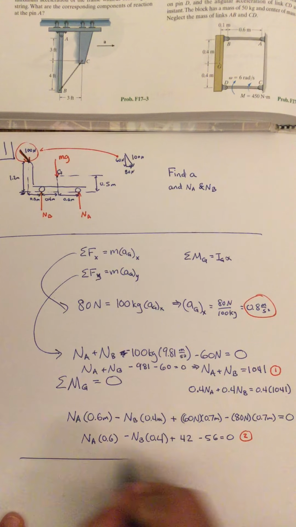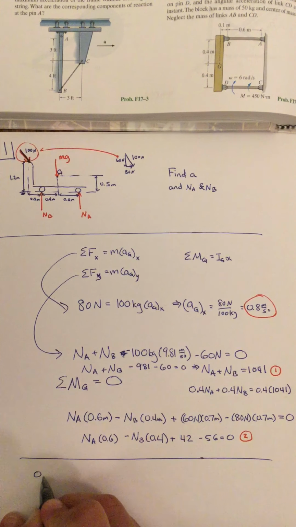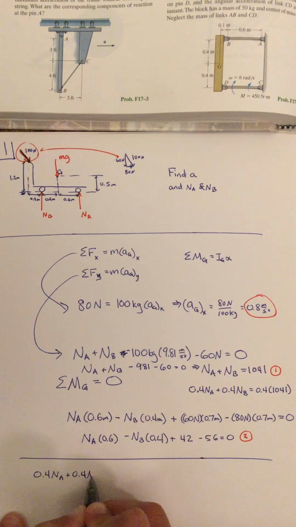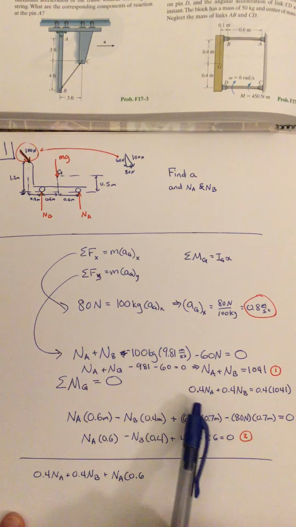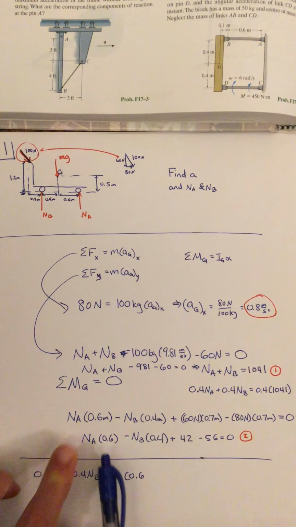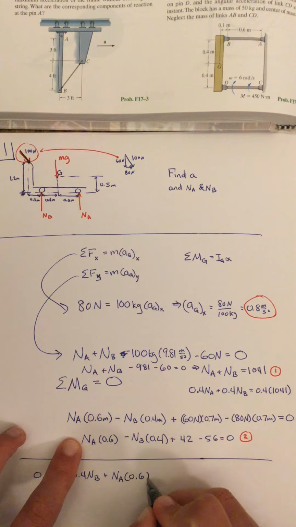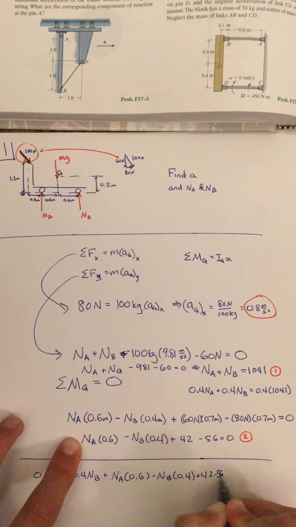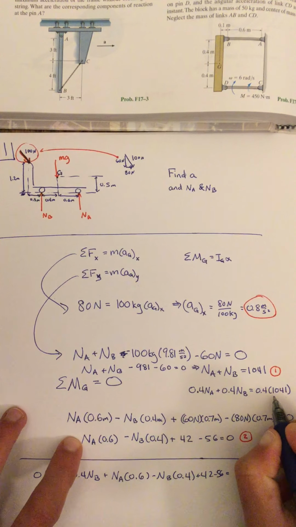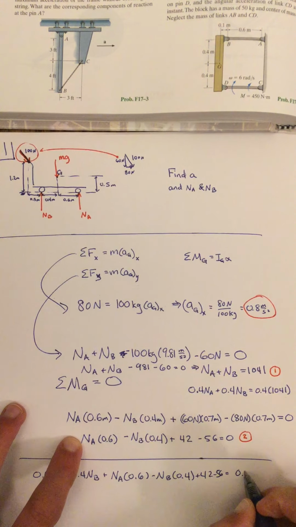So that's 0.4 NA plus 0.4 NB plus NA times 0.6. Then I add the two right-hand sides of the equations together.